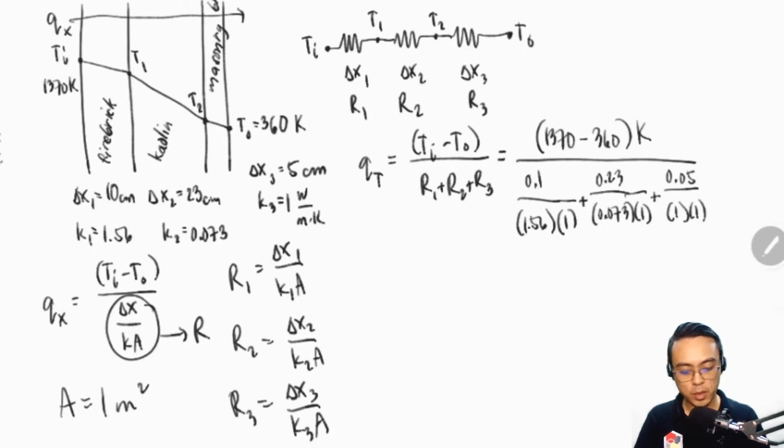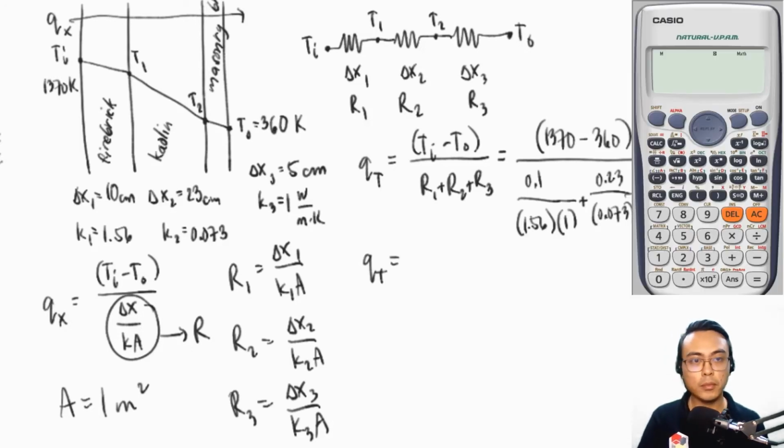We can solve for the value of Q sub T. That will be 1370 minus 360 divided by 0.1 over 1.56 plus 0.23 over 0.073 plus 0.05 over 1.